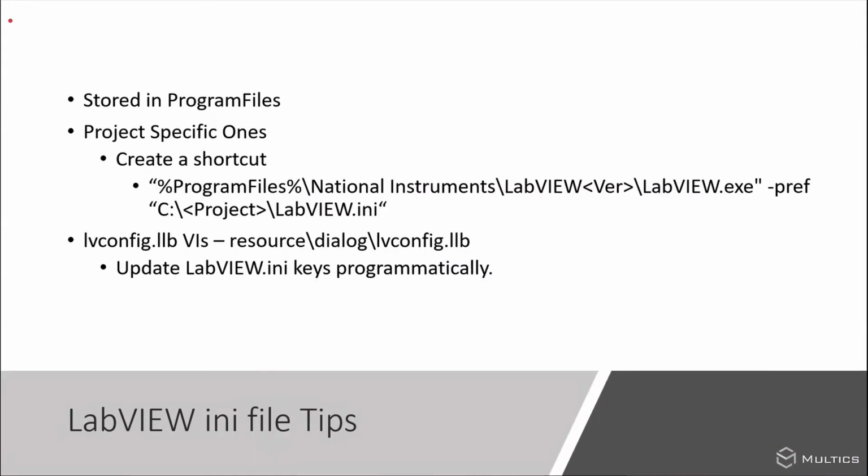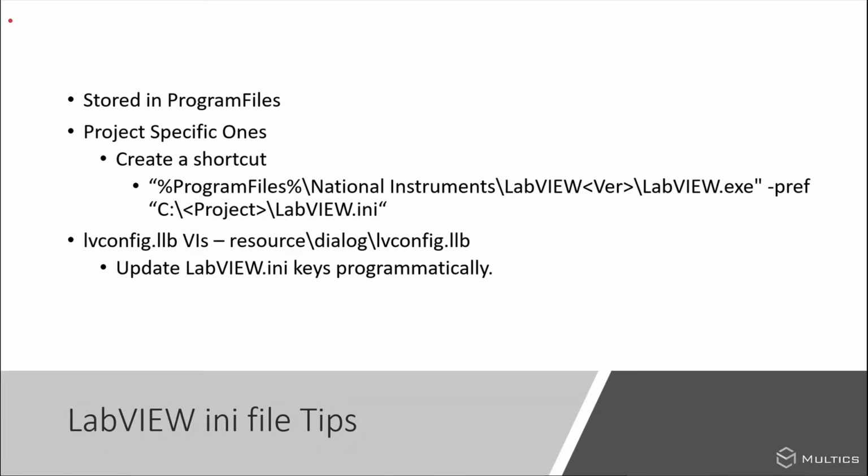Just on the LabVIEW.ini files, I recently found out that you can have a project-specific LabVIEW.ini file. If you can see this screen, it shows you how to specify that. You use the -pref argument and then specify the INI file, and that means that it's specific to your project.